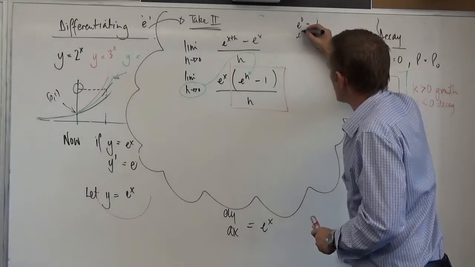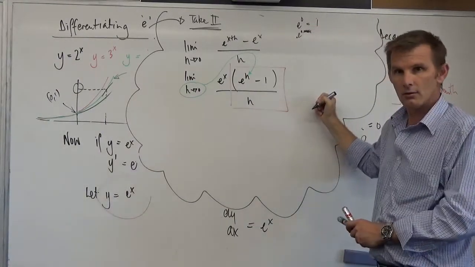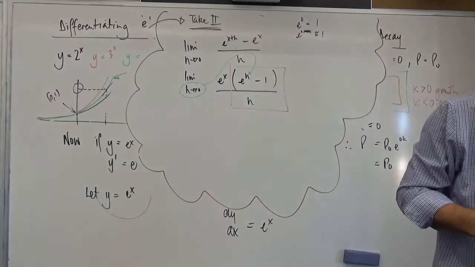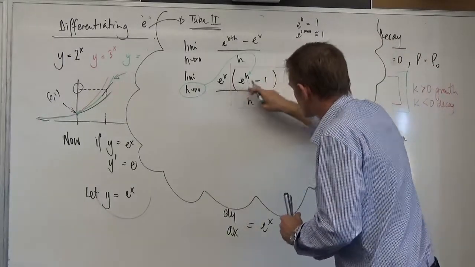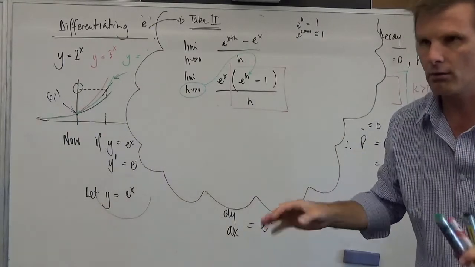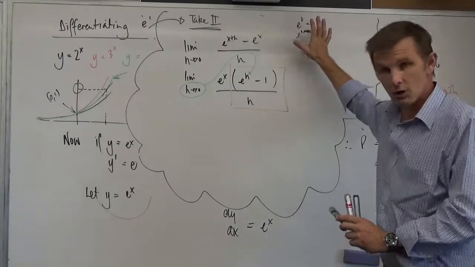So e to a power very, very close to 1 is going to be very, very close to 1, isn't it? Okay? So wouldn't that then mean that this top line is effectively equaling 0? Well, that's going to cause an issue, isn't it? But we don't go down that route, it's correct.